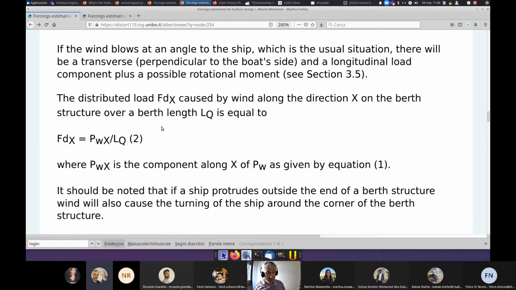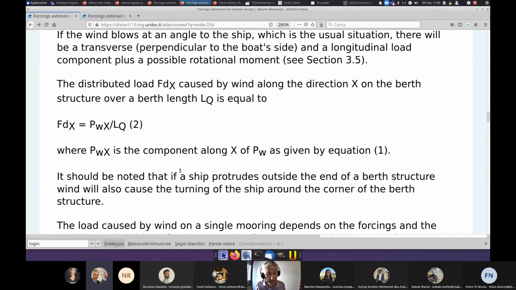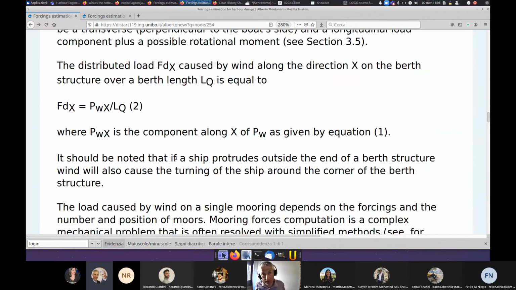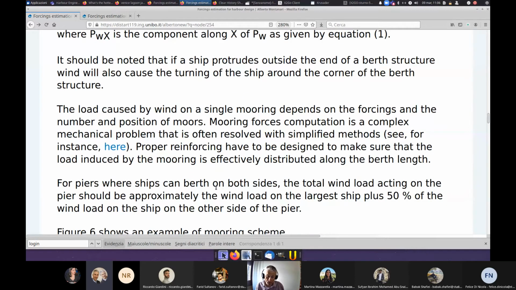I think that this is very simple. You just have to divide the total by the size. And when we get to the computation of the mooring loads, as I said, it depends on their position, and we will make an exercise about it, not today, okay?